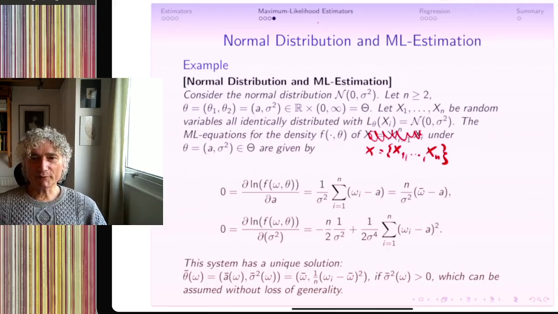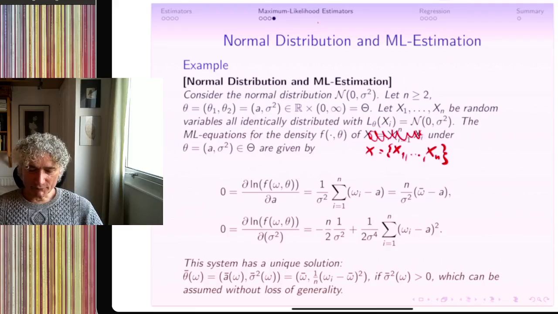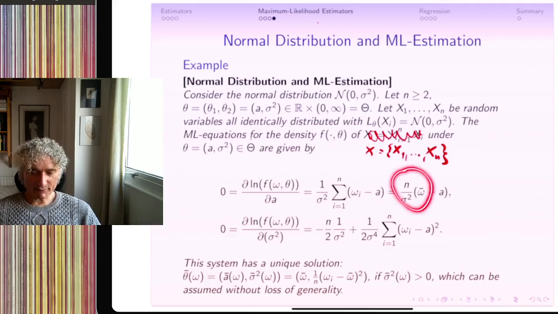The first condition is that n, the number of random variables, divided by the variance sigma squared, times omega bar minus a, has to be 0.